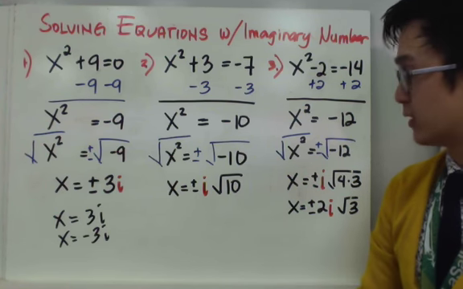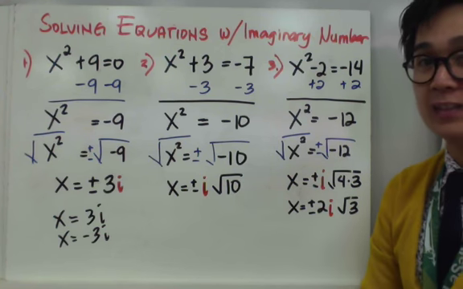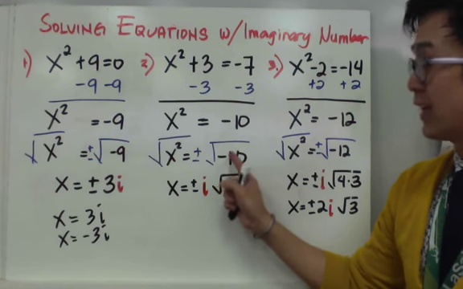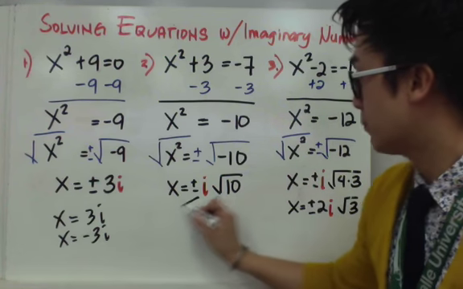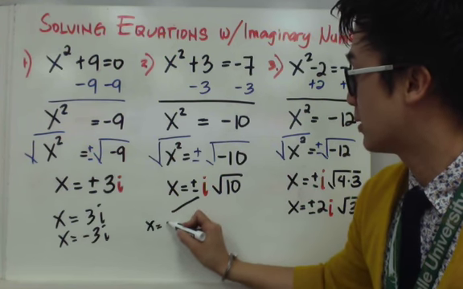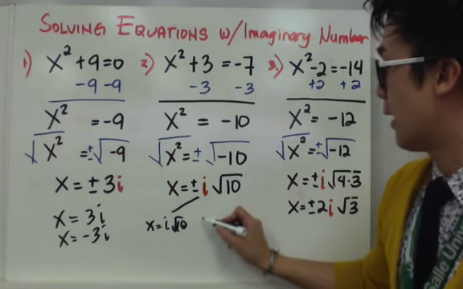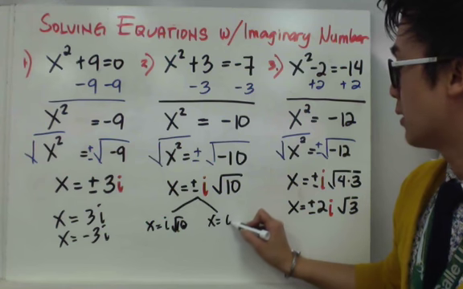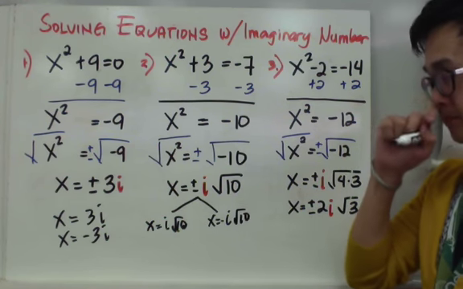Because we cannot simplify 10 anymore, so we'll just leave it as 10 inside and i outside because we don't want a negative inside the radical. So once again, we have 2 answers. We have x equals i square root of 10, and x equals negative i square root of 10.